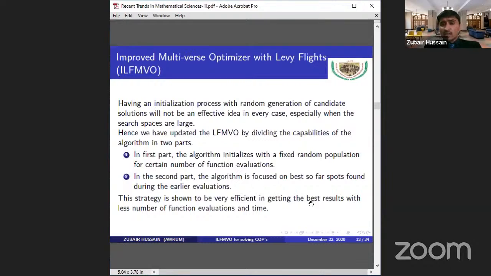In the first phase, the algorithm begins with a fixed random population for a certain number of function evaluations. In the second phase, the algorithm is focused on the best-so-far spots found during the earlier evaluations. This strategy is shown to be very efficient in getting the best results with the least number of function evaluations and time, and provides results of high quality.